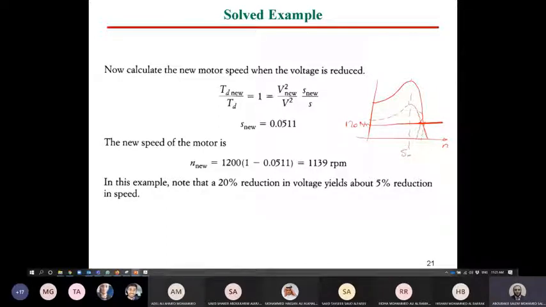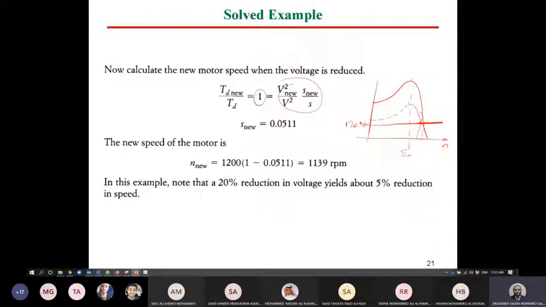So this equals, in terms of the machine parameters, V squared multiplied by S over V old squared multiplied by S old. This is according to our machine relation. This here represents the load torque relation, and this here represents the machine relation. You can extract this from the table easily. Now you have V new, which is 0.8 V old.